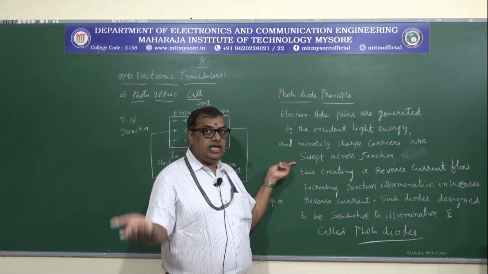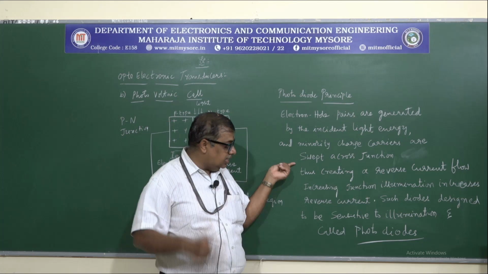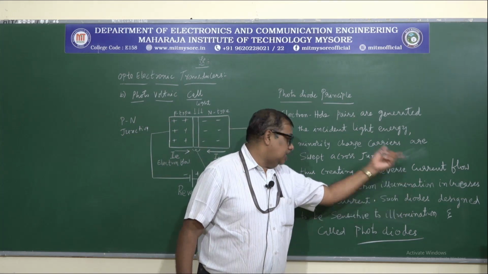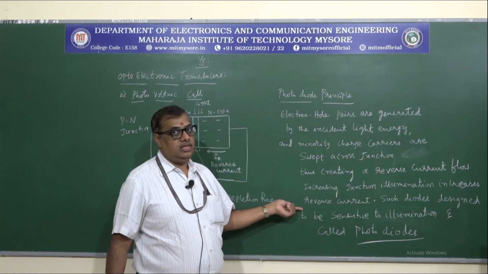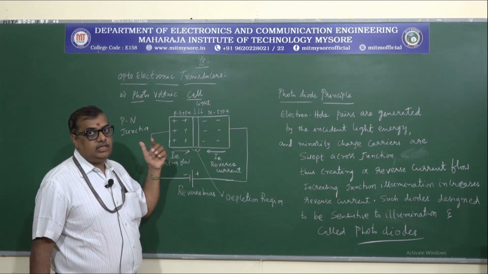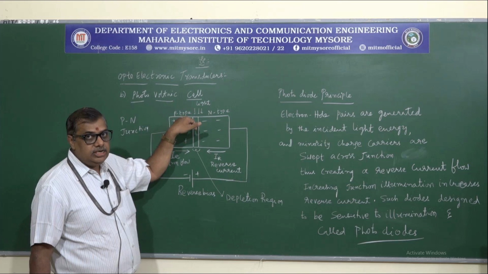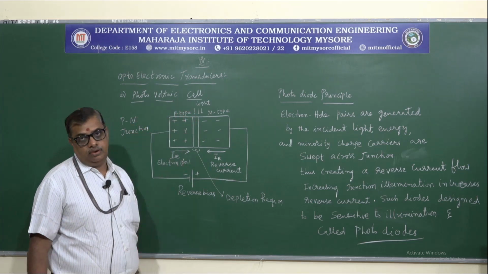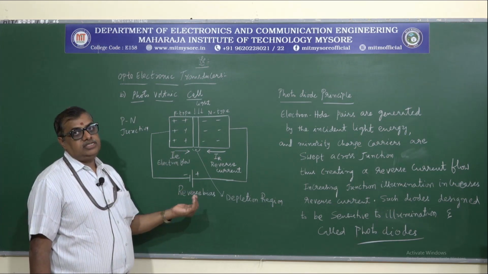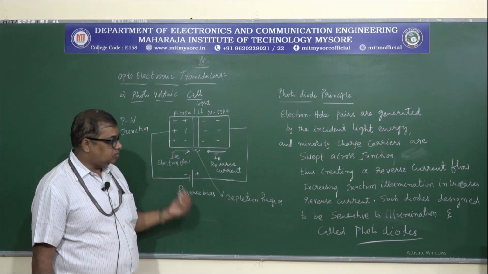If you further increase the light intensity, then increasing the junction illumination increases the reverse current. That means the reverse current flowing inside the photodiode is proportional to the light incident on the surface of the diode. If the intensity is less, the reverse current is less. If the intensity is more, the reverse current is more.